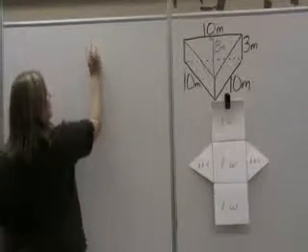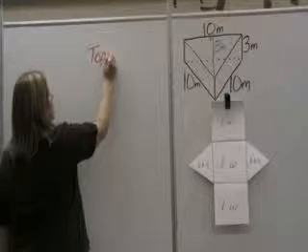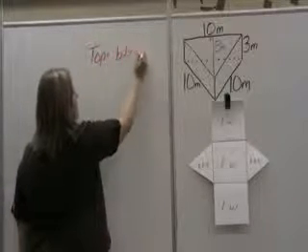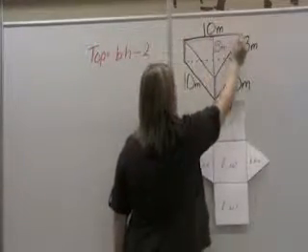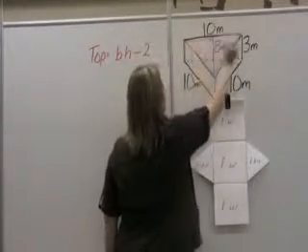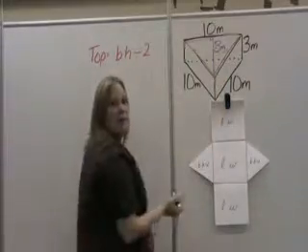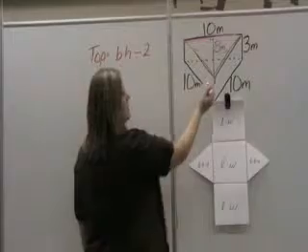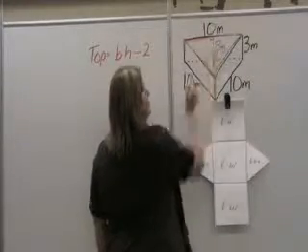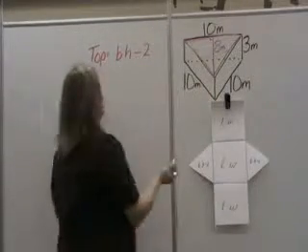So for our top, we want base times height and divide it by 2. That would be my triangle. My base is 10. And they give you the height. That's the line drawn from the point down to my base. My height is 8.